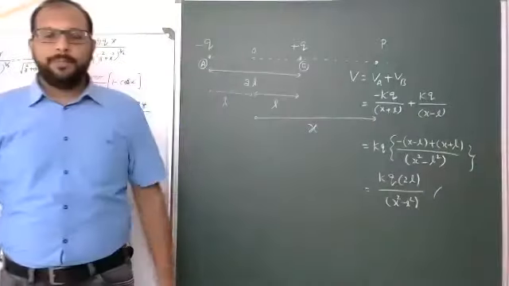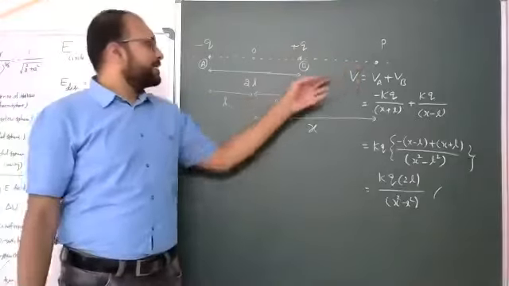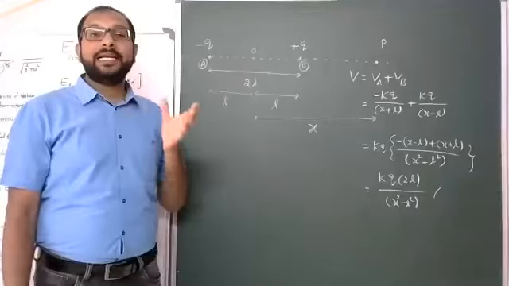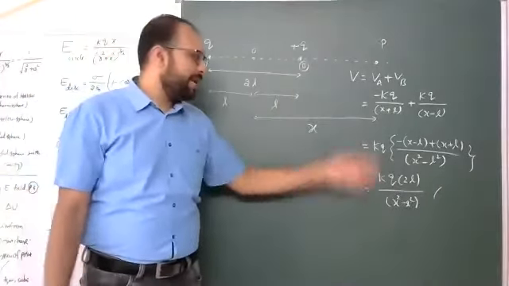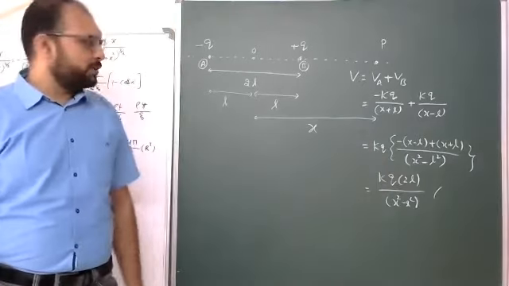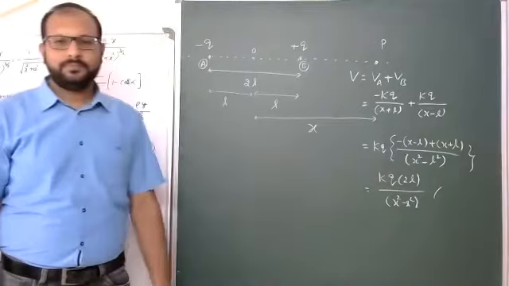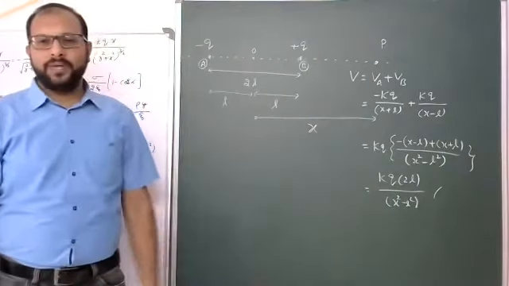So this is the electric potential at a distance small x from the center of the electric dipole on the axial line: K into Q into 2L divided by x square minus L square. So potential on the axial line is completed, students.